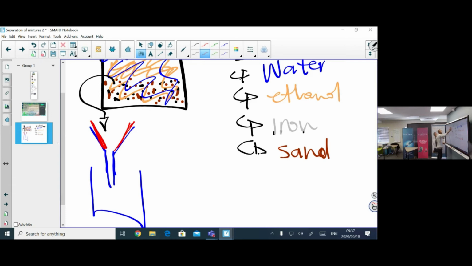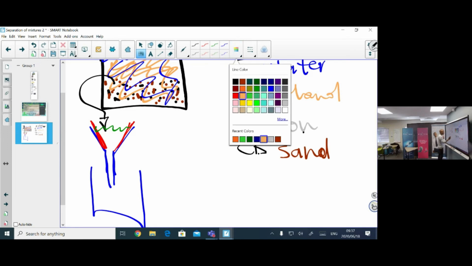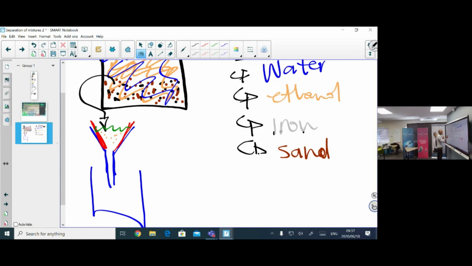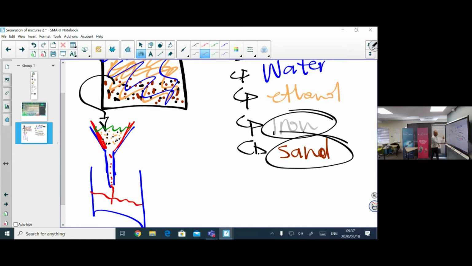As we pour this, our solids will collect in our funnel. In our case, the iron and the sand will collect there, whilst our water and ethanol will sift through and collect at the bottom.